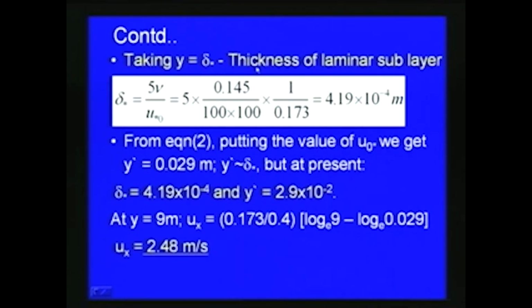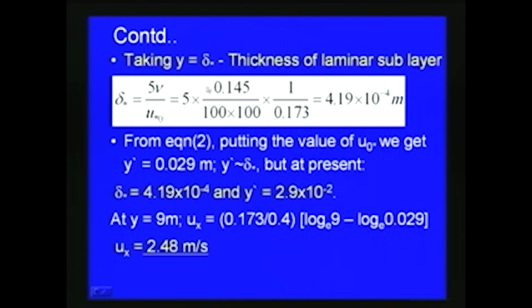Let us take y as the thickness of the laminar sublayer in Richards' observation, so that delta star is equal to 5 nu by U star O. By solving this expression, we get delta star as 4.19 into 10 to the power minus 4 meter.